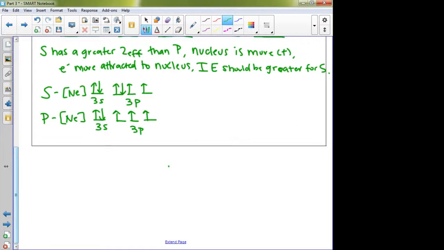Why is it easier to remove this electron from sulfur versus this electron from phosphorus? Sulfur gets rid of this electron easier than phosphorus does because sulfur is trying to minimize electron-electron repulsion.